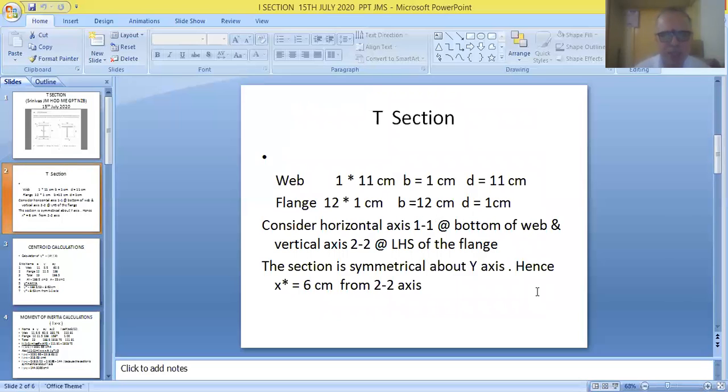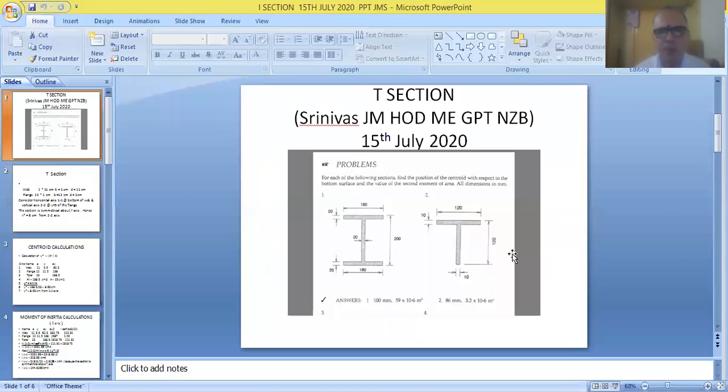Now, if the section is symmetrical about y-axis, X bar can be obtained as a direct figure, and in this problem X bar is given as 6 centimeter, which is measured from 2 axis. That means the total distance here is 12 centimeter, and X bar is a direct figure.